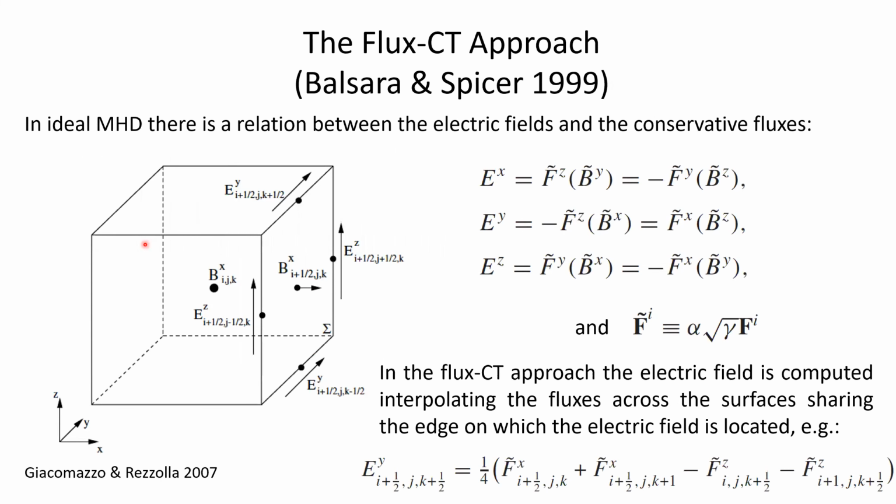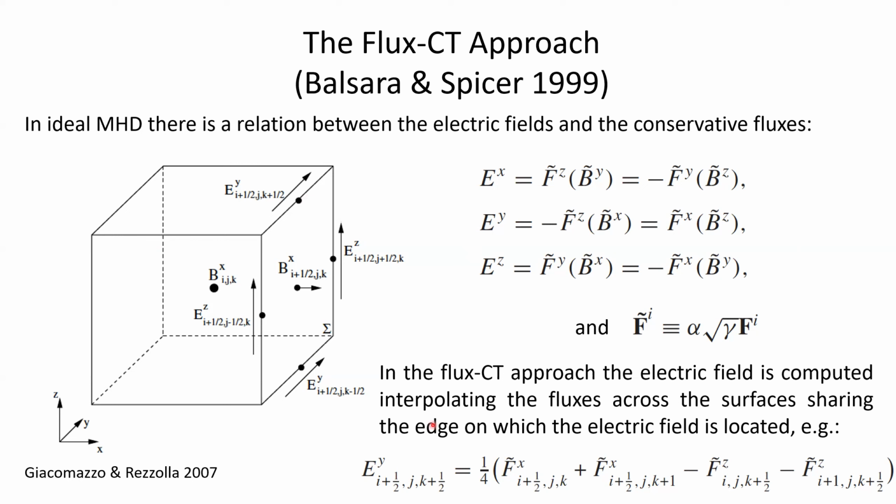In a flux CT approach, one takes advantage of the relation that exists between the electric field and the fluxes of your conservative formulation. These relations are listed here. The electric field, in principle, lives on the edges, and in the flux CT approach, to compute the electric field on the edges of the cell, you just interpolate essentially the fluxes that share that edge.